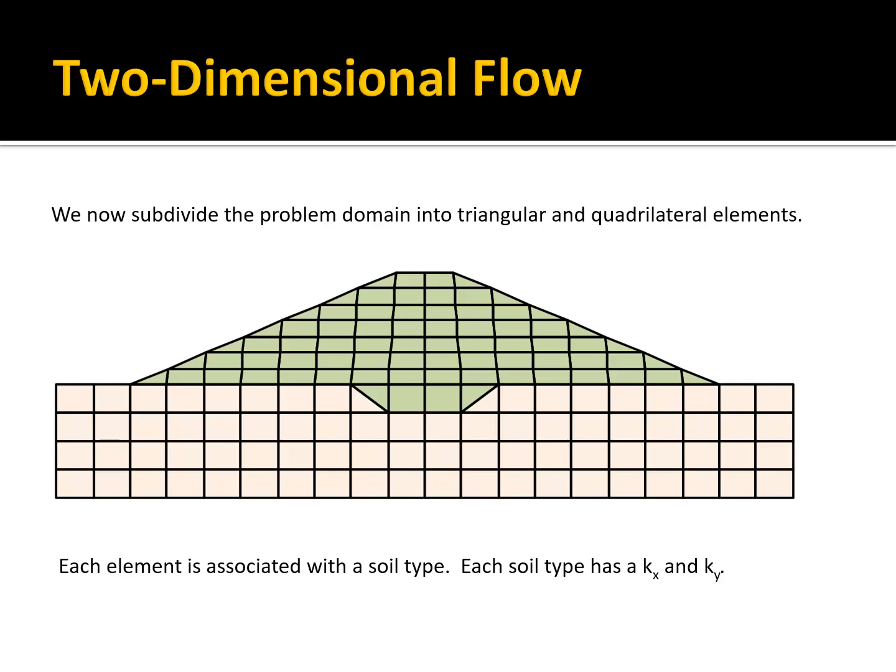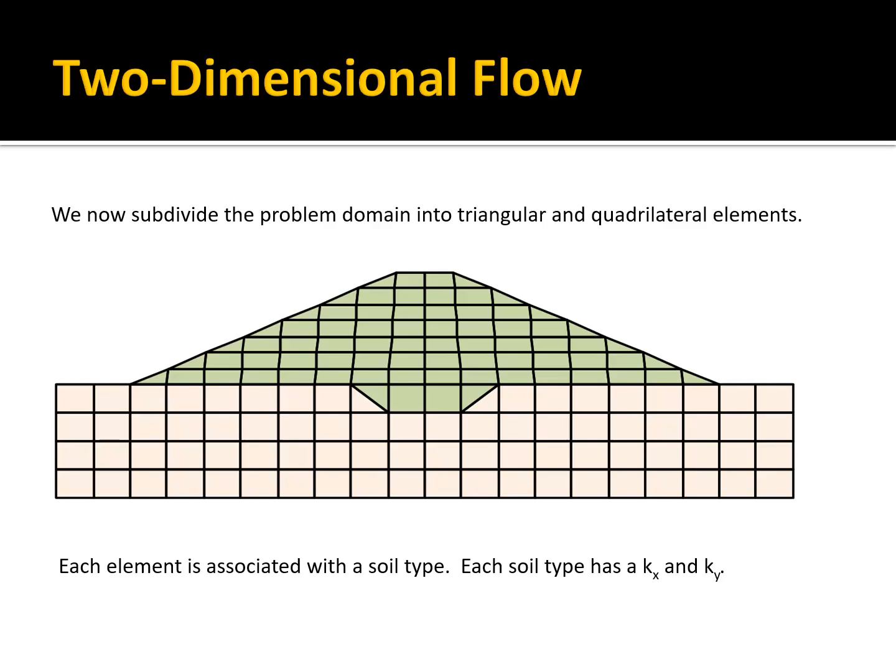And each of these elements is associated with a particular soil type, and that soil type can have its own material properties, hydraulic conductivity in the X and the Y direction. They can be equal, they can be different, and so the different soil types are represented here using the different colors.